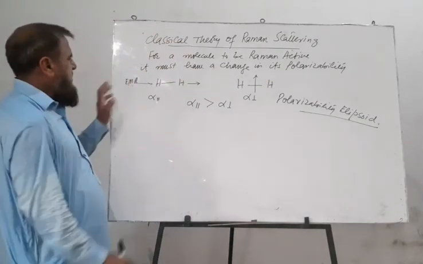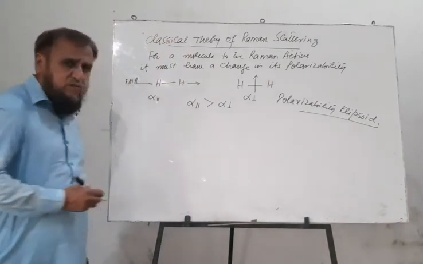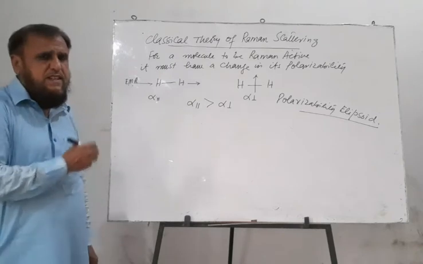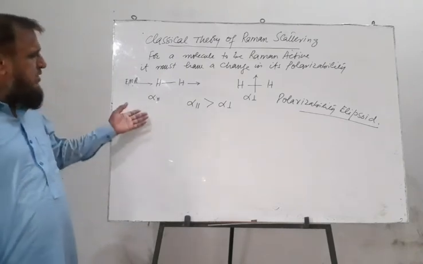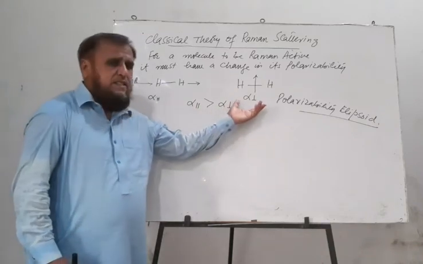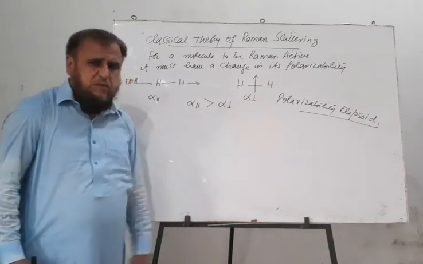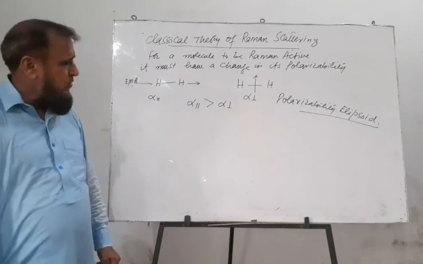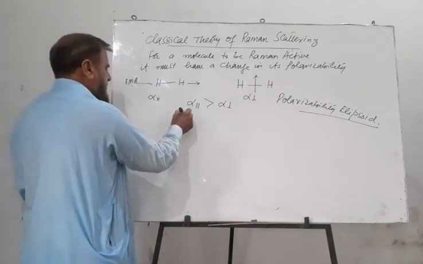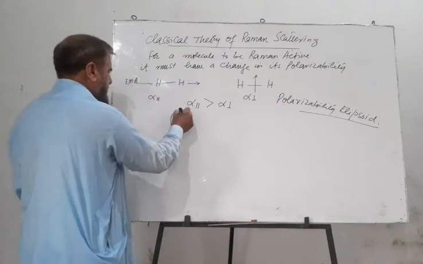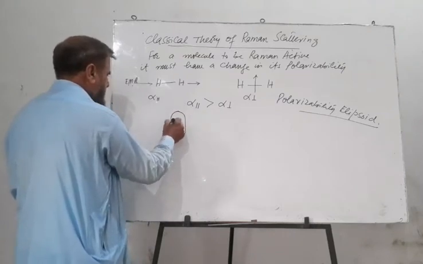We know that in the case of hydrogen, the polarizability along the bond axis is very high. They are easily polarizable, and polarizability perpendicular to the bond axis is very low. Now we can represent it by the polarizability diagram, which will be as follows.